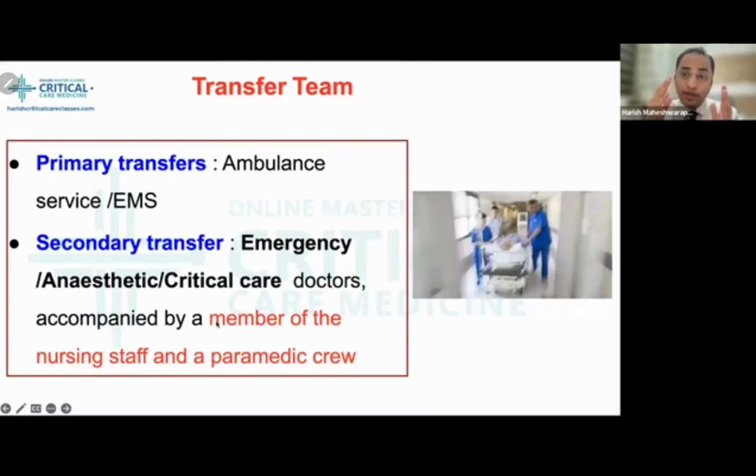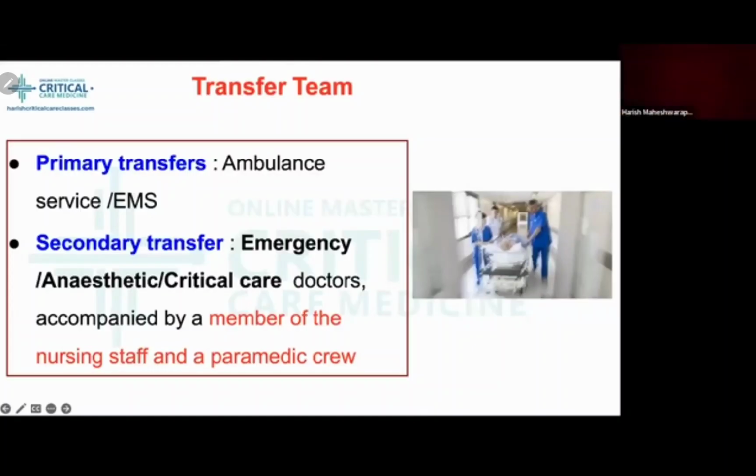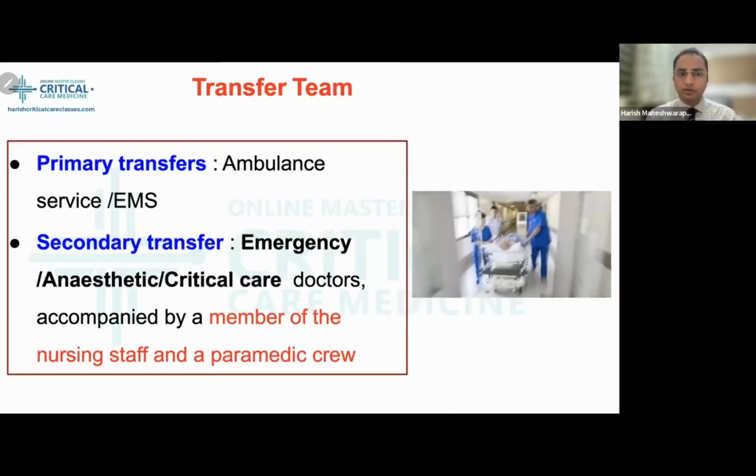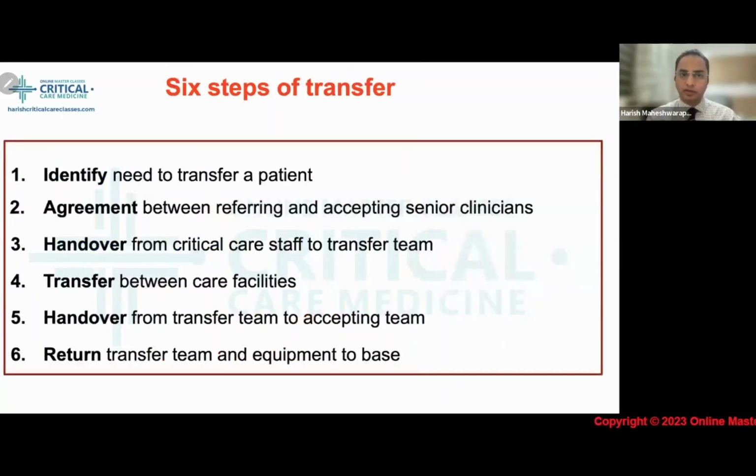Secondary transfer is from one healthcare setup to another, so it involves all sorts of caregivers. But primary transfer is from the site to an institute or hospital, so that is obviously a road ambulance service, or a dial-call based ambulance with emergency medical service.